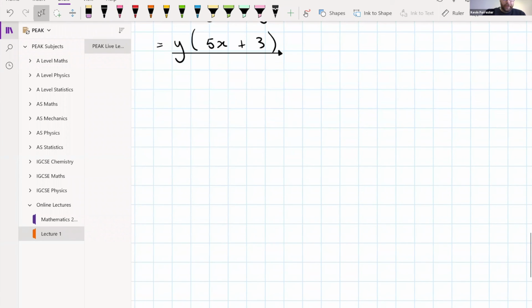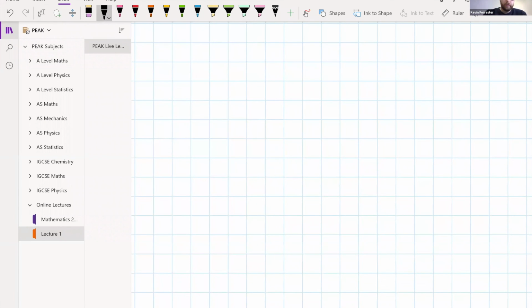Right, let's take a look at this one. xyz plus x squared y minus 2xy. Okay, quite an interesting question. So we have a mixture of x's, y's, and z's, and we've got x squareds.